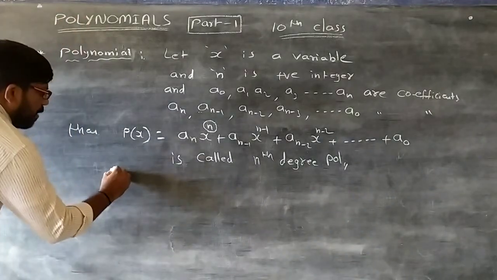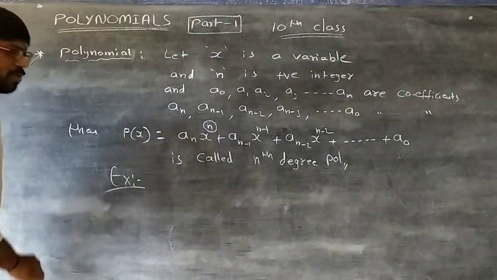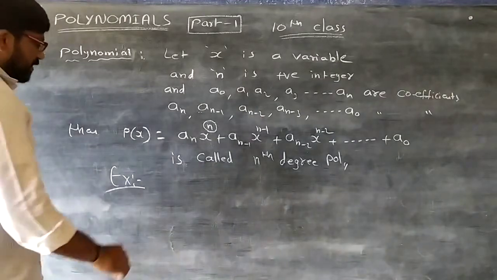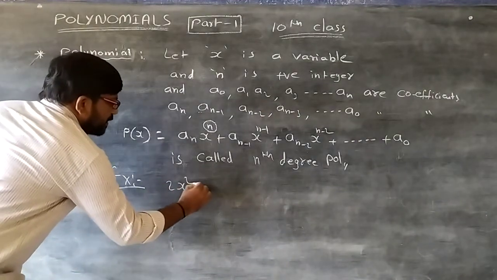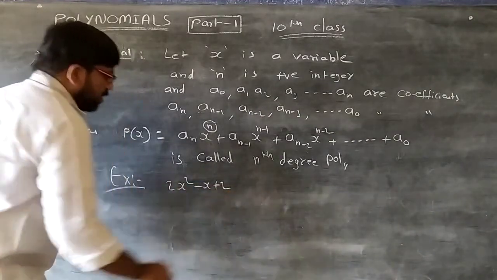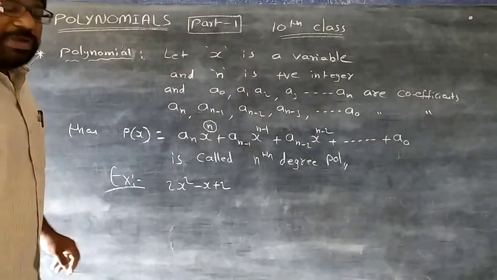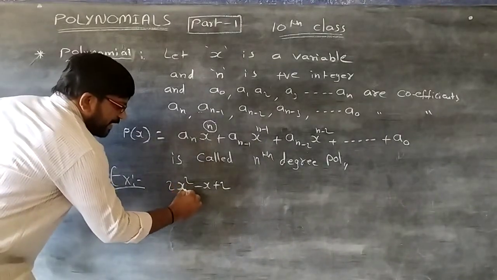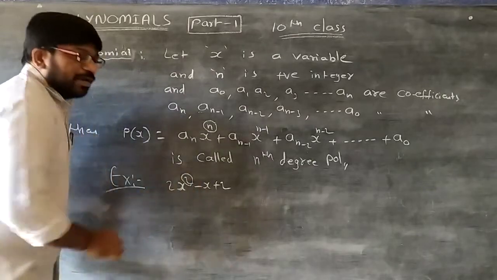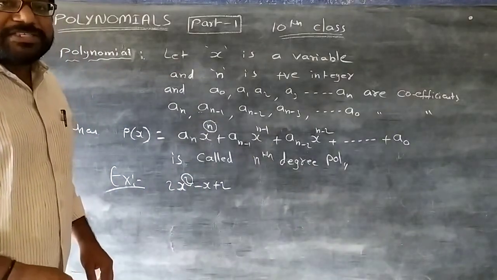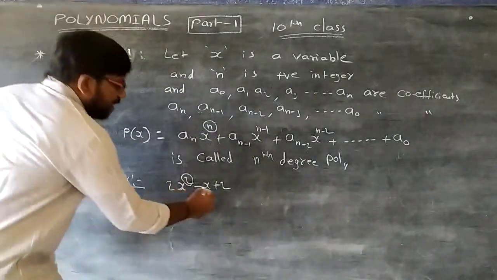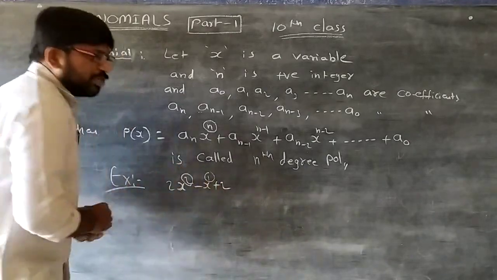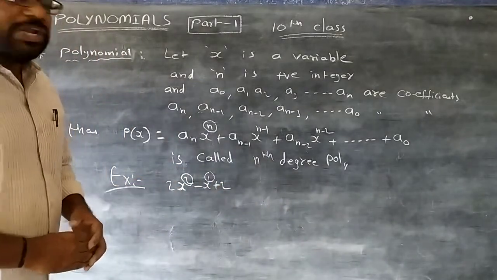And some more examples. What are the examples of polynomials? 2x square minus x plus 2. It is a polynomial because here the variable is x, its power is a non-negative integer, meaning a positive integer. Here also 1 is there, it is a positive integer. It is also a polynomial.